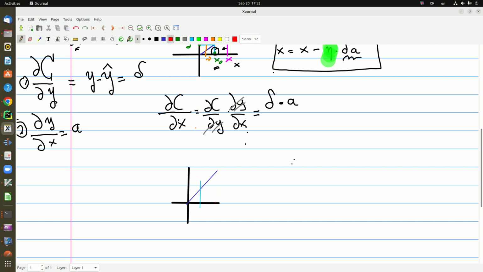For example, from here we might go here, and then we're going to go back, and then again the same. And if the eta is not small enough, we will never get very close to the best value.